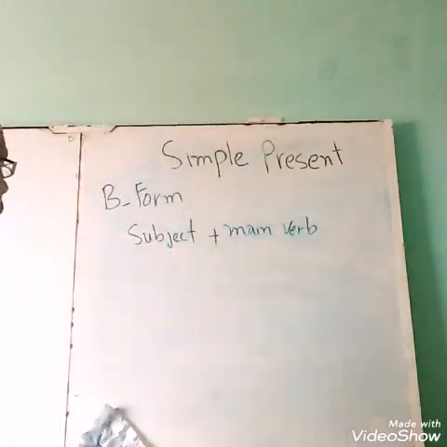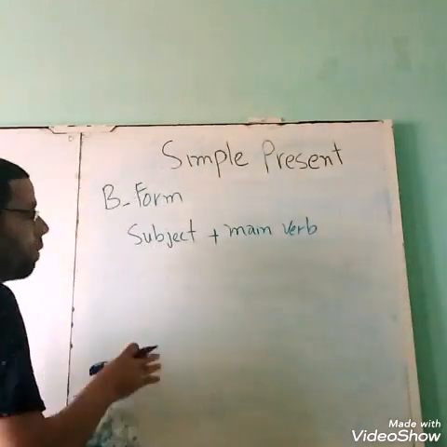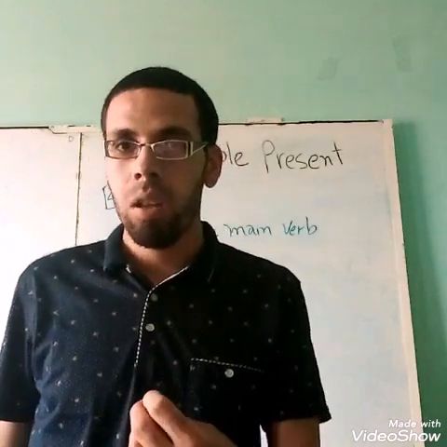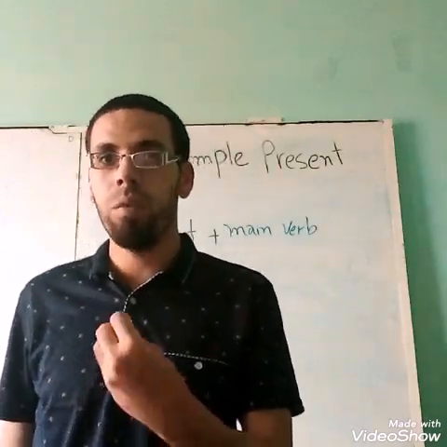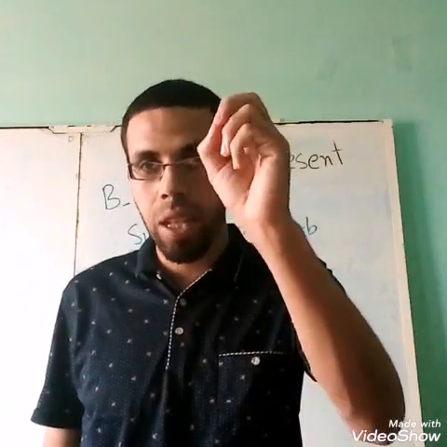For instance, we can give an example, just say it orally. Play. Okay? Let's give the example of the verb play. I play, you play, he plays, she plays, it plays.